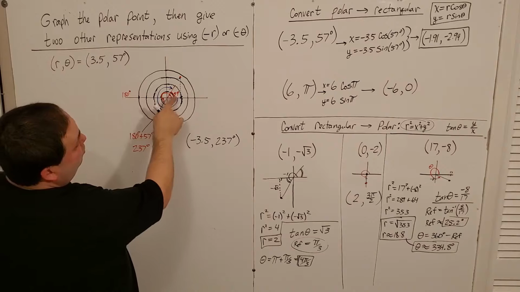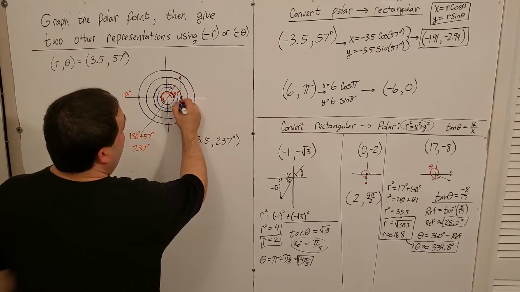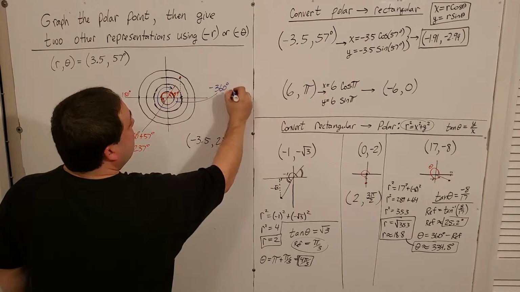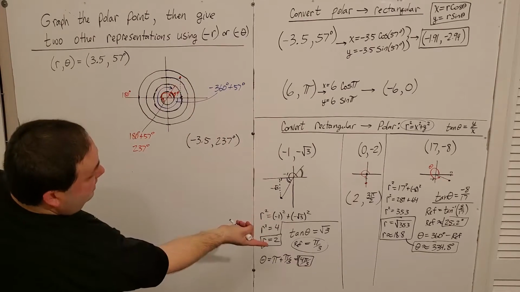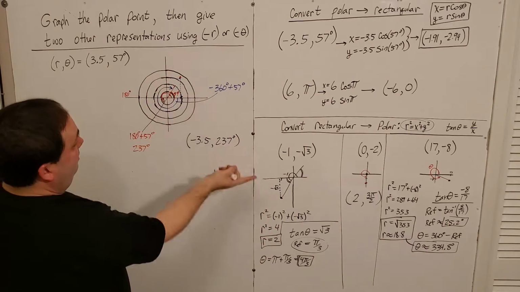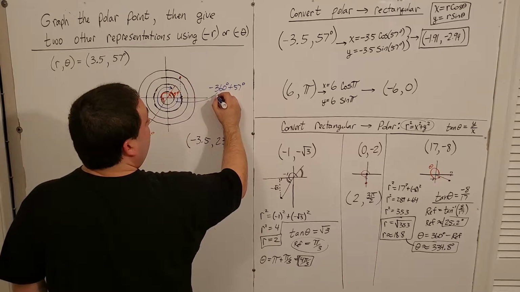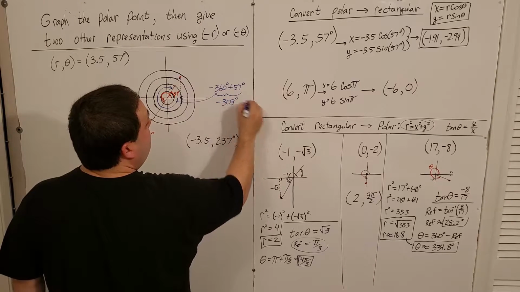I just didn't do the 57 in the middle of the wedge there. So this angle right here is negative 360 plus 57. Because I went negative 360, but then back plus 57 back up from it, right? So that gives us negative 303 degrees.